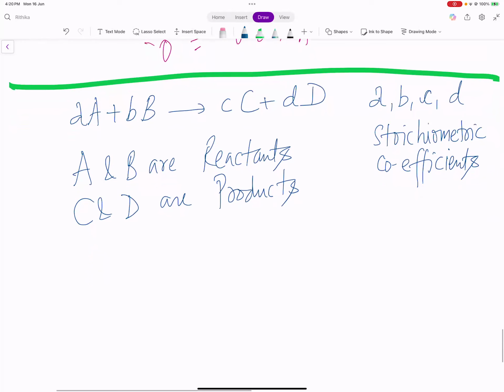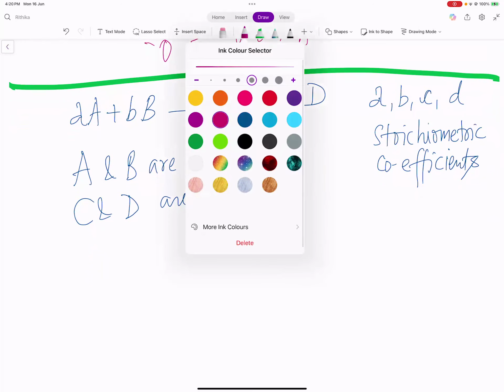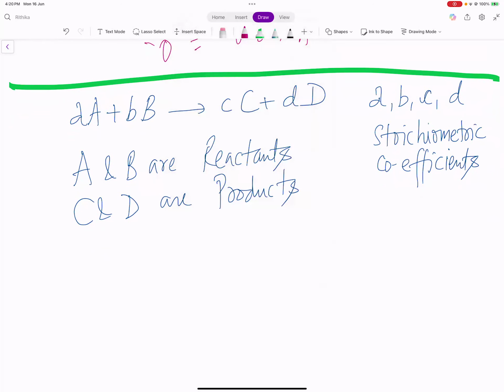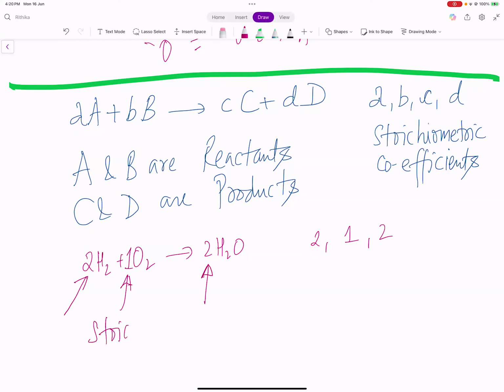For example, if I have this equation, 2H2 plus O2 is equal to 2H2O, it implies the stoichiometric coefficients are 2, 1, and 2. Here it is 1. When there's nothing, there's 1.